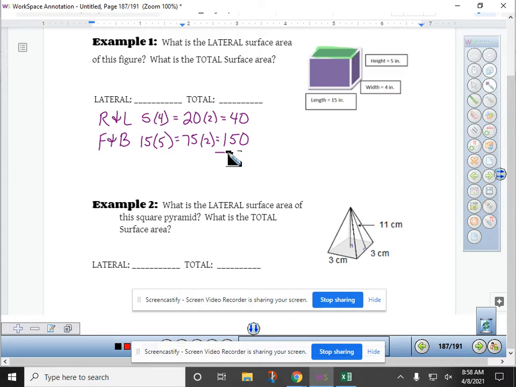As y'all are writing, I'm going to go ahead and add these up because that's going to give me my lateral surface area. I got 190.